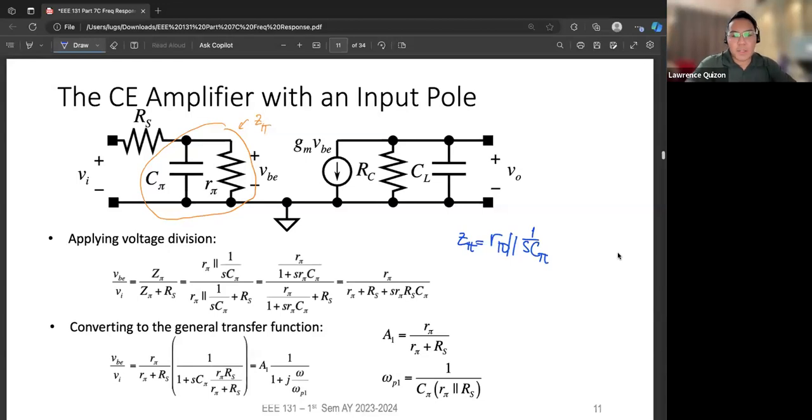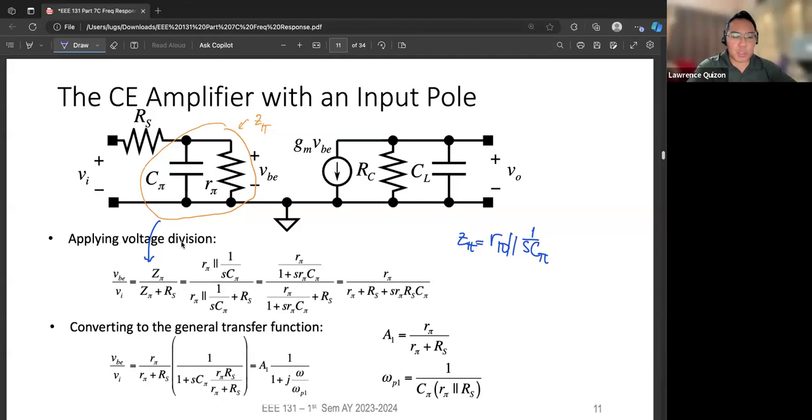All right. So now that we have that Z pi, no, we can get the previous amplifier. Well, it's an attenuator. We have a voltage divider between RS and Z pi over here. So the voltage divider gives us this equation below: Z pi over Z pi plus RS.